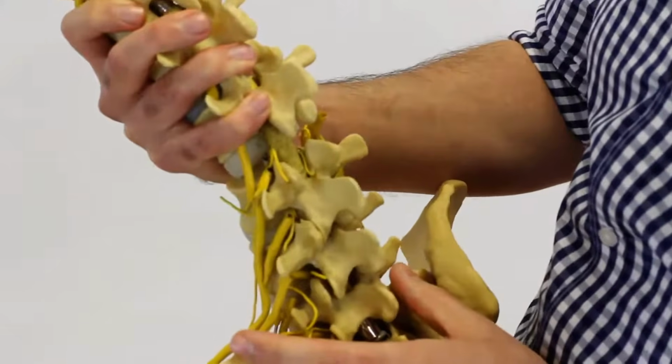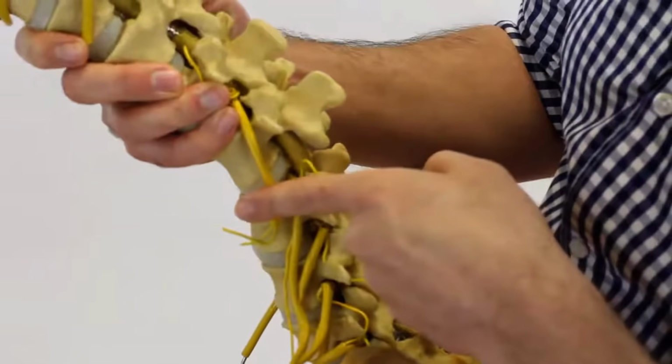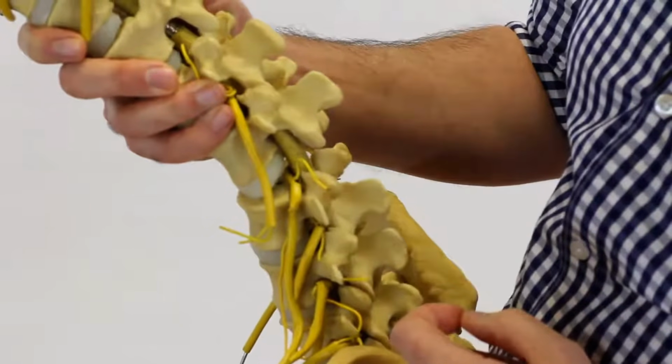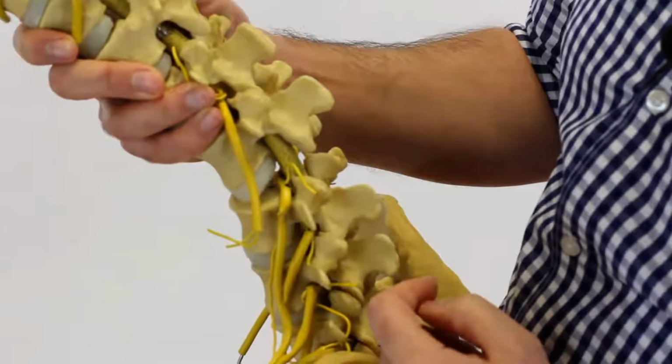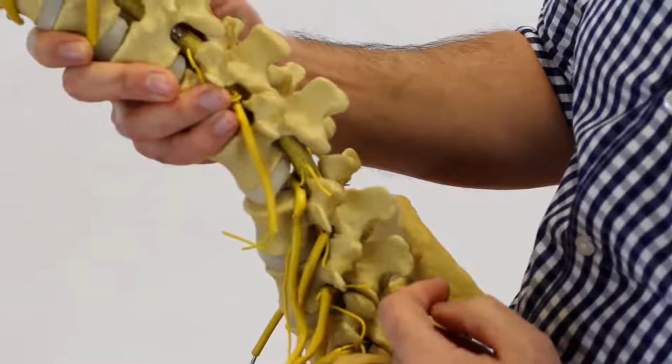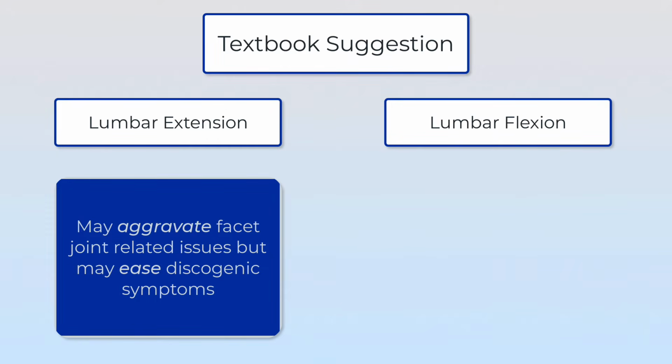However, the textbook suggestion is that more pressure is put on the intervertebral discs during lumbar spine flexion, and that the discs may be pushed a little further backwards, or posteriorly, during flexion towards where the nerve tissue is. Therefore, the textbook suggestion is that lumbar spine extension may aggravate the facet joint problems because it closes them down, but that extension may ease disc-related issues.